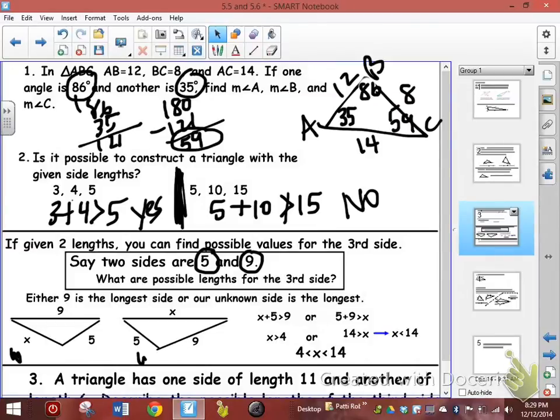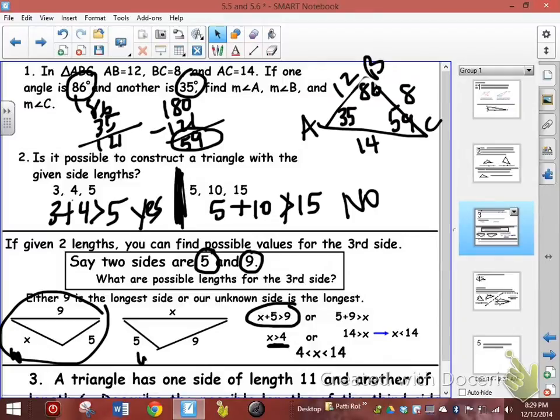Earlier when we did example 2 up above, I reminded you that really all you have to do is add the two smaller sides, and it's got to be bigger than the longer side. So for this first triangle right here, if you add the X and 5 together, it's got to be bigger than 9. That's what I wrote right there. And then when you subtract 5 from both sides, that gives you that X is greater than 4.